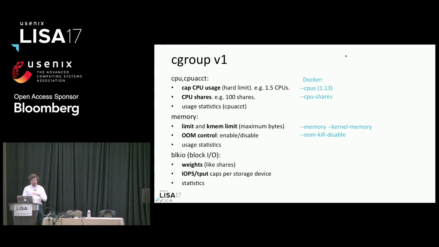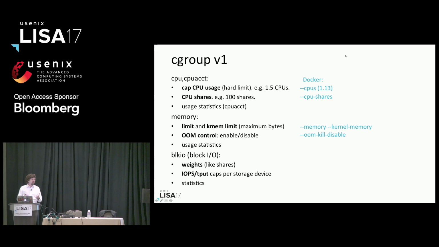So limits, kernel memory limits. I can disable for the cgroup. Block I/O has weights, IOPS and throughput caps per storage device as well. So these can all be used to balance resources so that we don't have noisy neighbor problems and containers can be isolated in a sensible way.